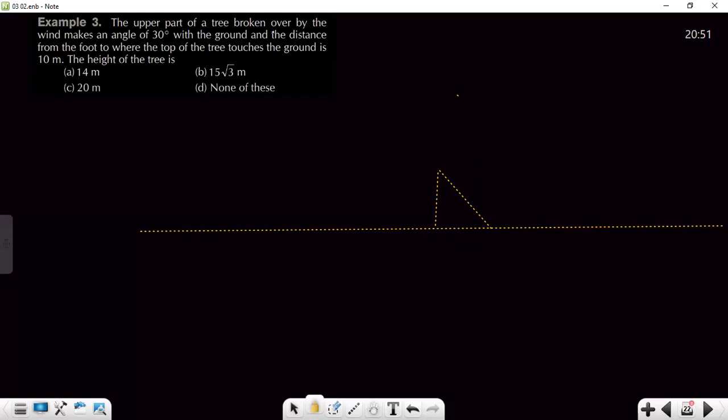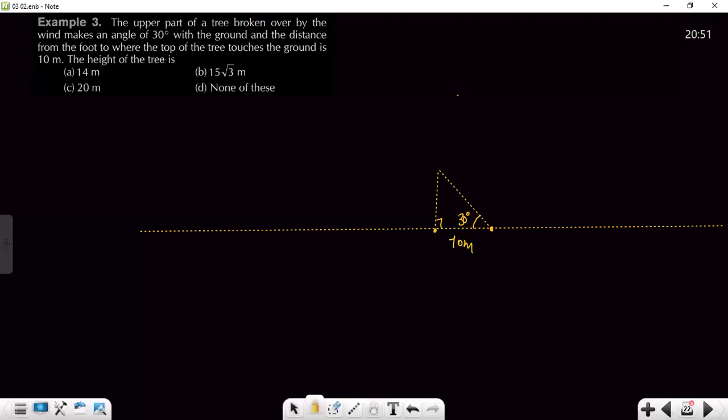The upper part of a tree broken over by the wind makes an angle of 30 degrees with the ground. So this is the upper part which is making 30 degrees with the ground. The distance from the foot to where the top of the tree touches the ground is 10 meters. So this is the top of the tree, and this is 10 meters.